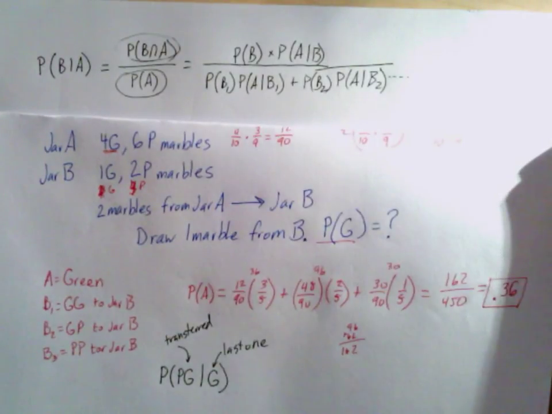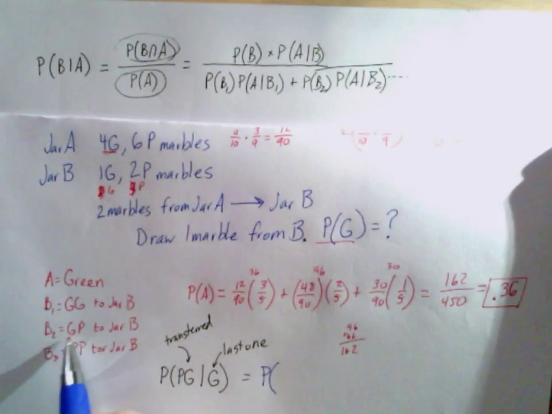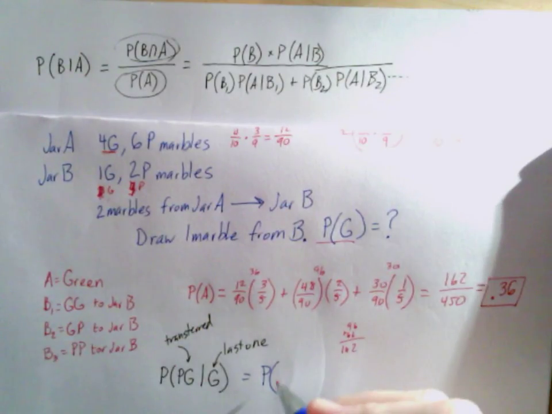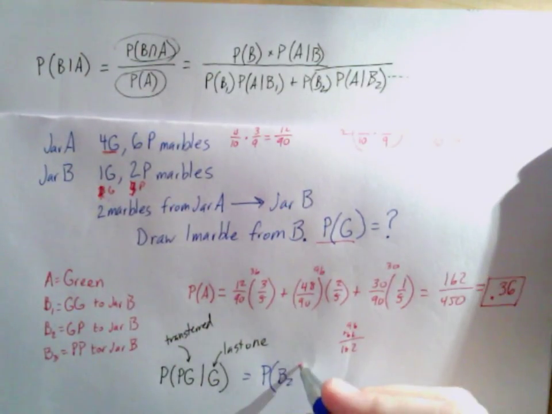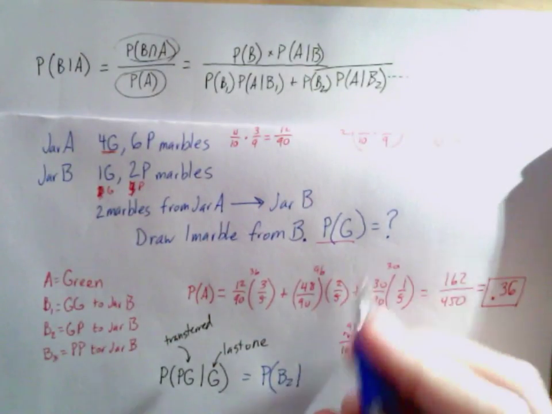So this, in terms of what we had before, is going to be the probability of B2, given that it was green and that was A.